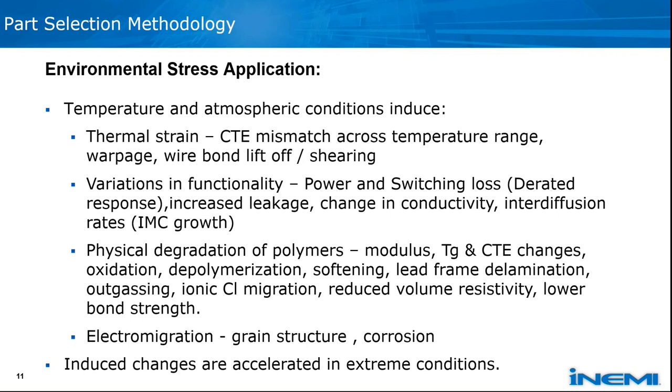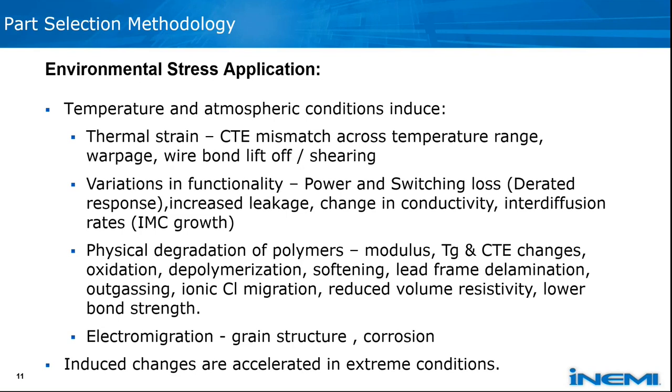Also, there can be ionic contaminant migration, such as chlorine, and the electronic functionality changes over time. And we know that with the amount of temperature, we often derate components because we know we're not going to get the same functionality at extreme conditions.